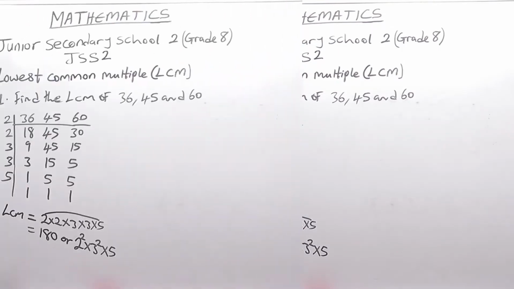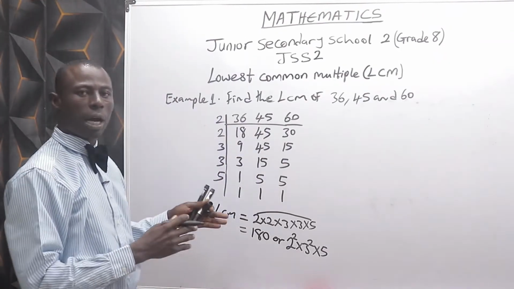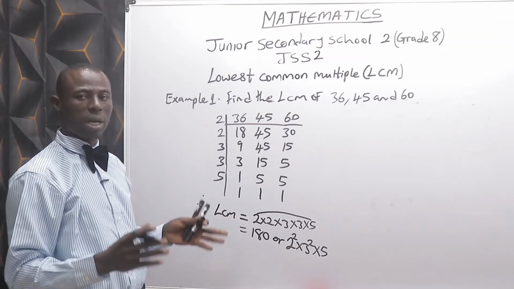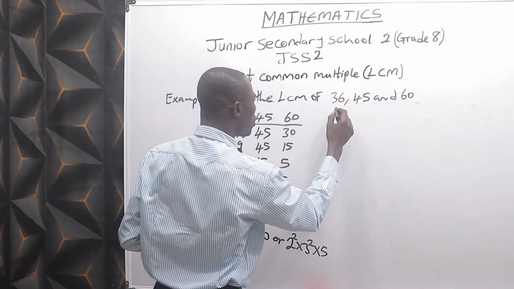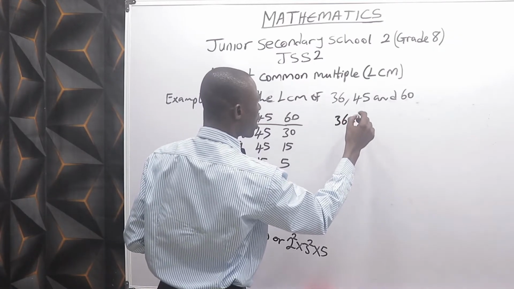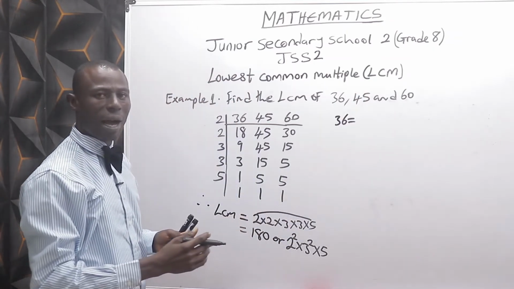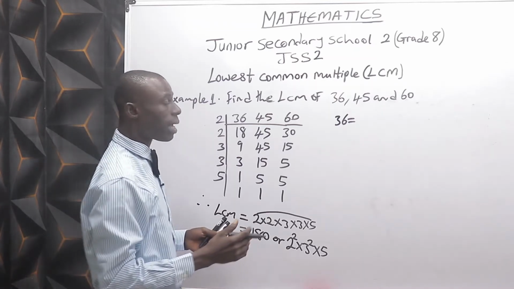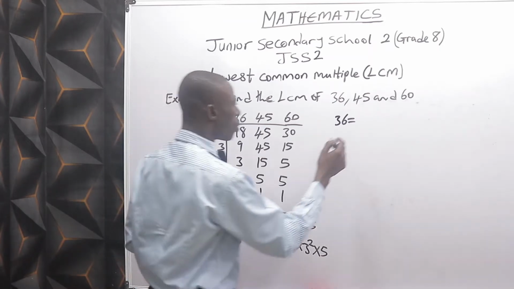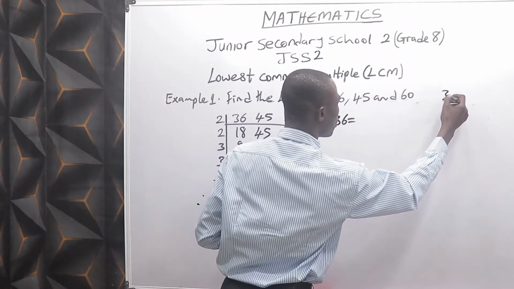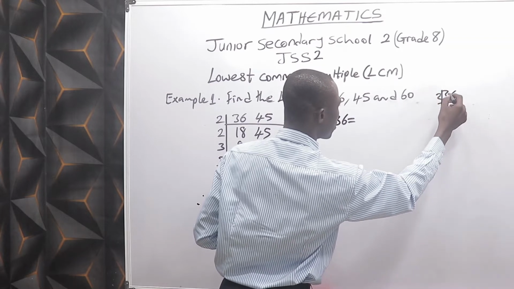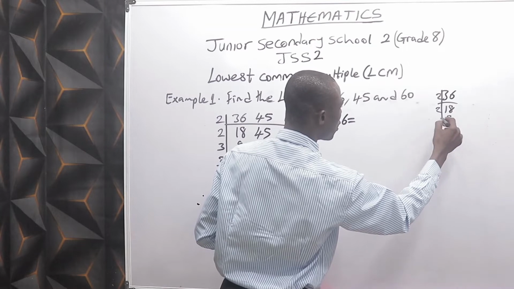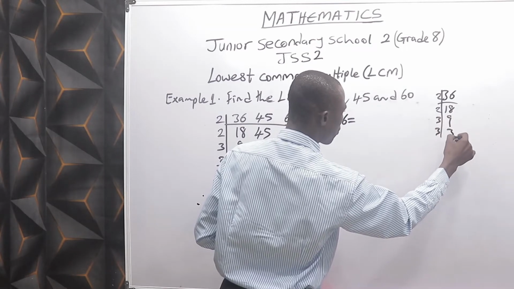That is it. Let's consider the same question using another method. That is what we call the product of prime factors method. In that method, we express each number as a product of their prime factors in index form. So 36: 2 in 36, 18. 2 in 18, 9. 3, 3, 3, 1.